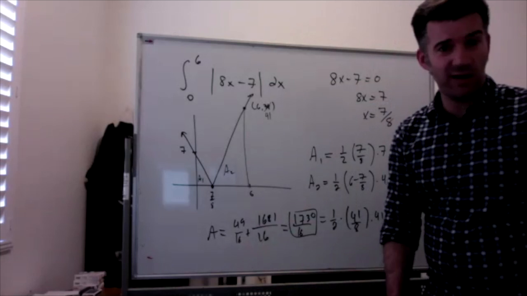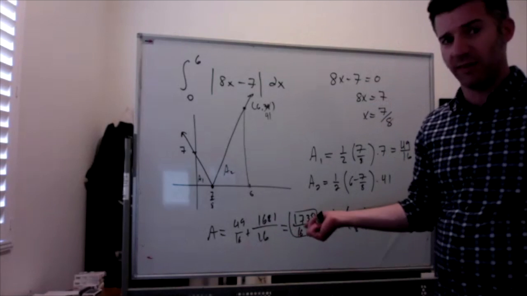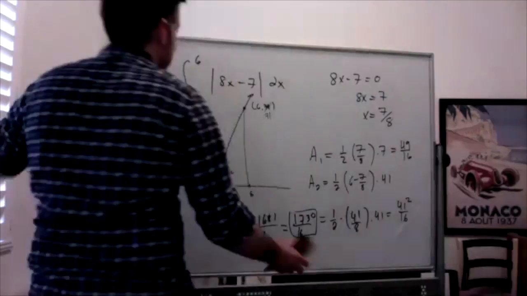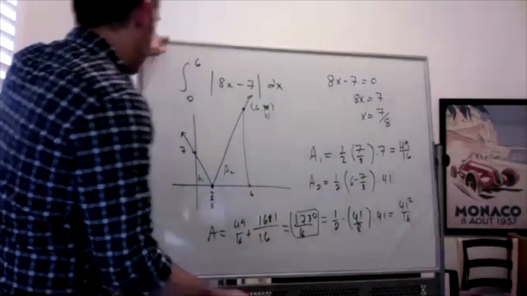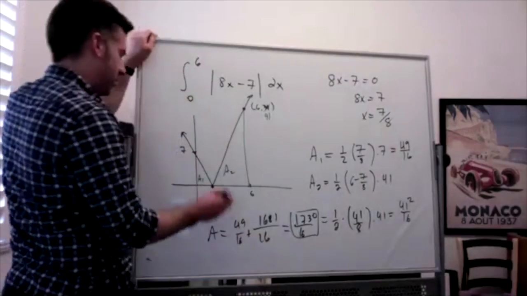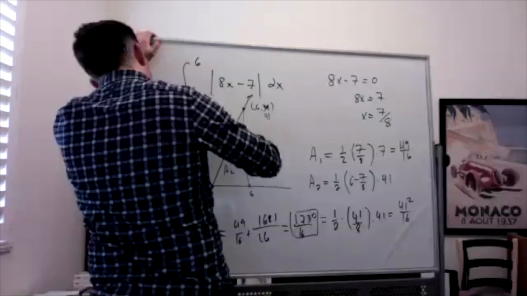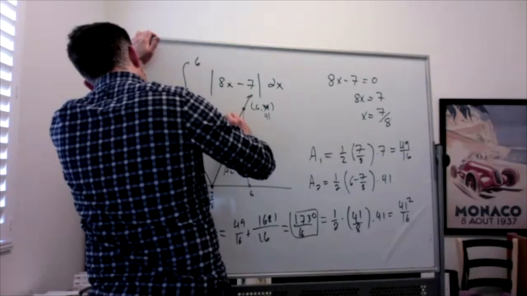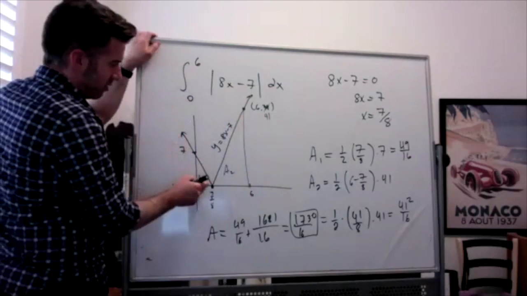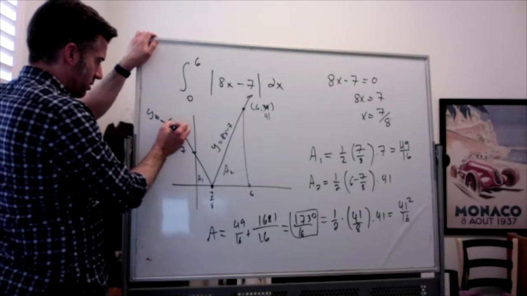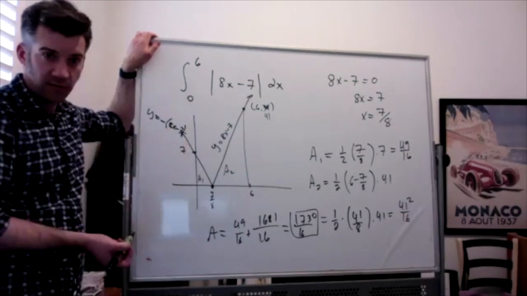Or you could do this the terrible way, right? This is still actually not the easiest. The numbers are a little janky, but if you really wanted to, you could write it this way. From here to here, this line is y equal to 8x minus 7. From here to here, though, this line is y equal to negative 8x minus 7.